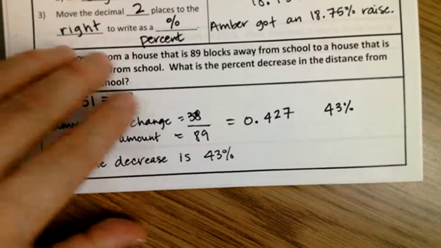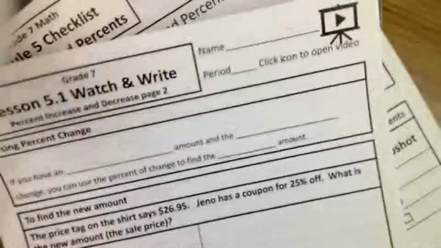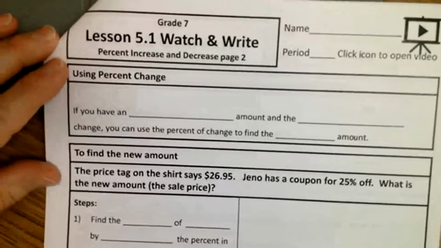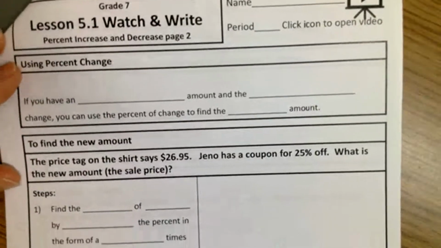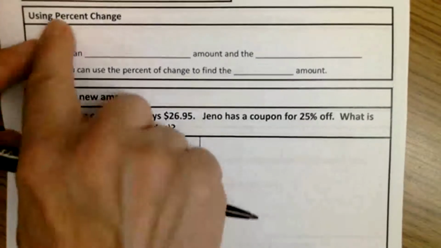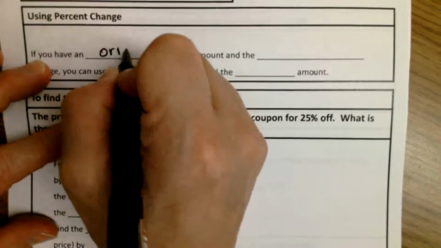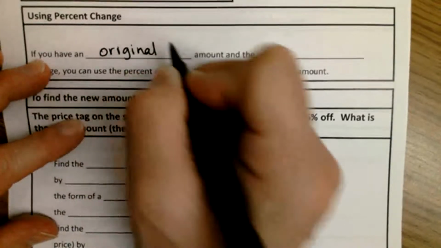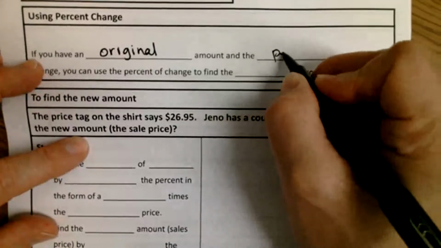All right, we have one more page of notes, so keep going. On the next page, we're going to work with the same idea, only we're going to have different information given to us. All right. So this is the second page of notes using percent change, right? If you have an original amount, so basically the number that you started with before the change, and you know the percent.